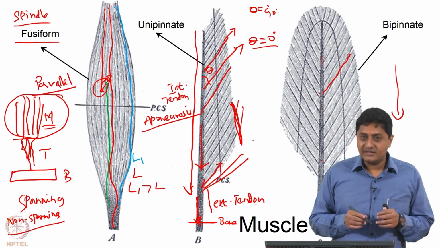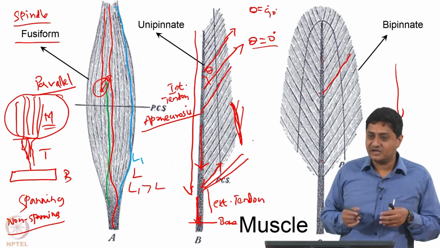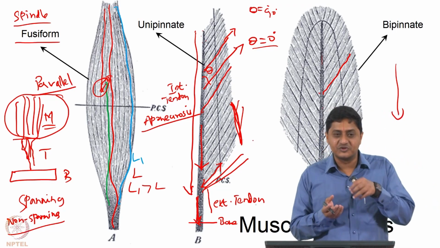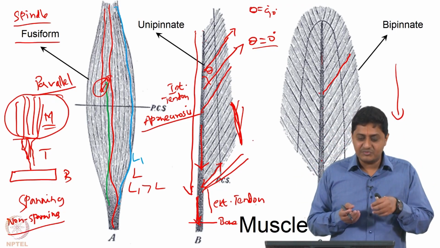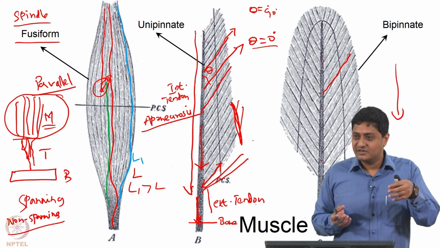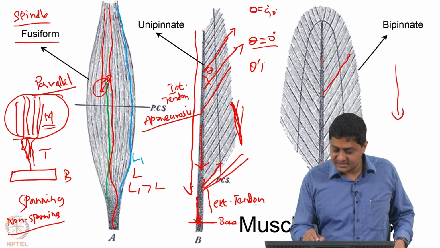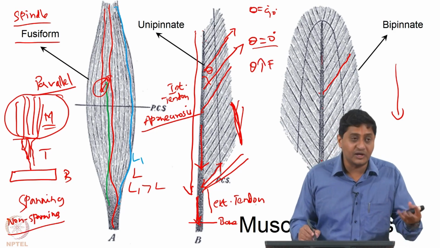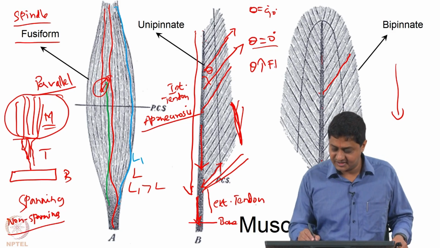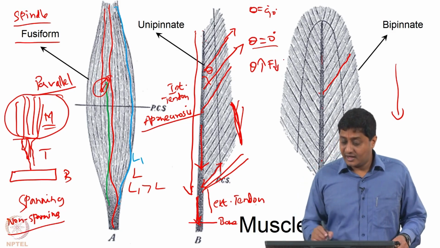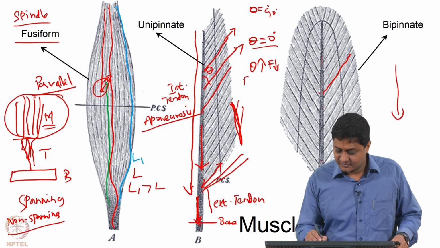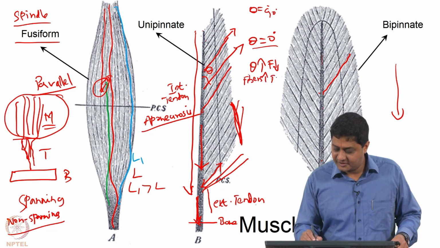No, there are multiple things, it is not just pennation angle, the total amount of force that is produced reduces because of the number of fibers. So, there are two things, one is theta, as theta increases, force contribution or the component of force that is getting transmitted reduces, and as the number of fibers increases, force increases.